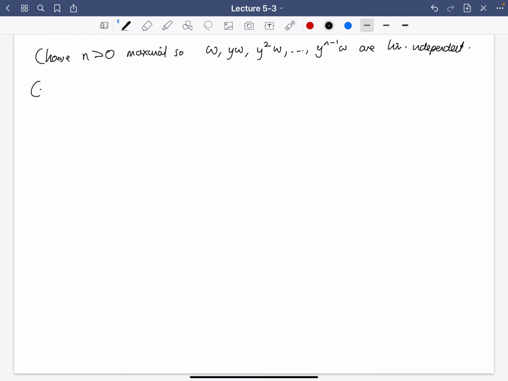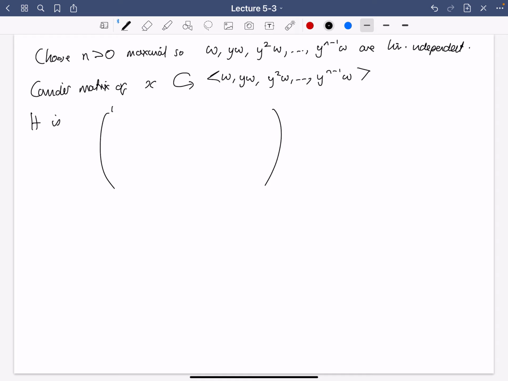And I'm going to consider the matrix of x acting on this basis. So I claim that it equals the following.